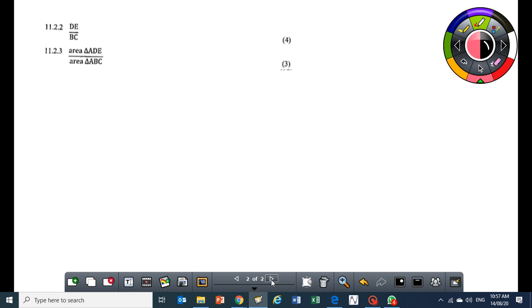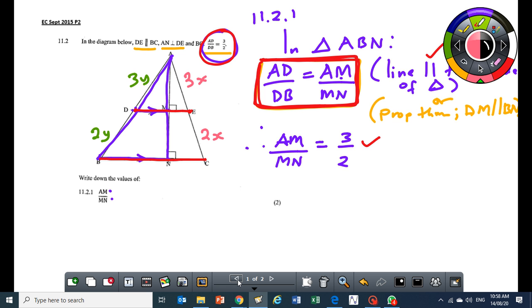So to do 11.2.2, I'm going to say in triangle ADE and triangle ABC, we have to prove that those two triangles are similar for us to say that their sides are in proportion. I'm sure you can all see that DE and BC, from your knowledge of similar triangles, have to be sides that are in proportion with, say, AD and AB.